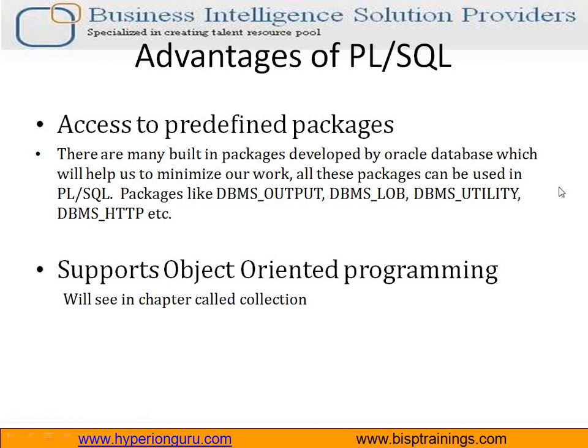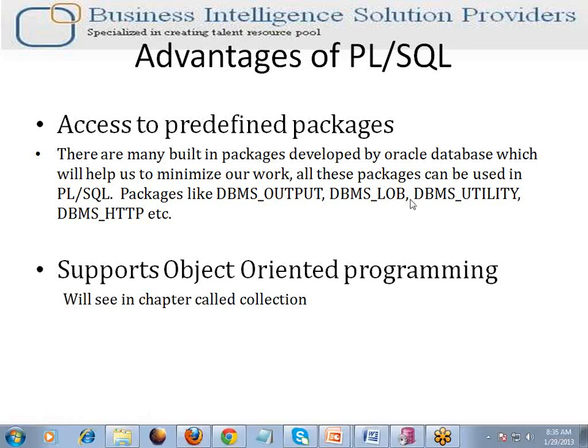dbms_lob deals with large objects like movies and pictures. You will see how to store pictures, any photo, in JPG or BMP format. DBMS_UTILITY is a very advanced package developed after Oracle 10G, I suppose, where they have given many options.